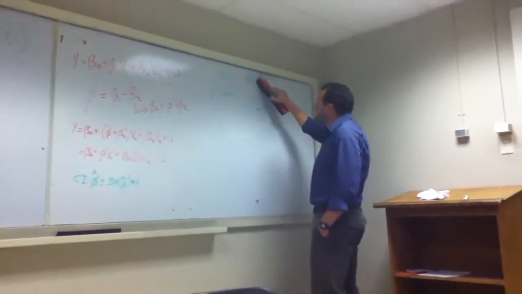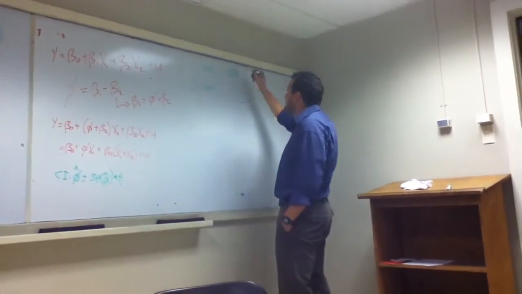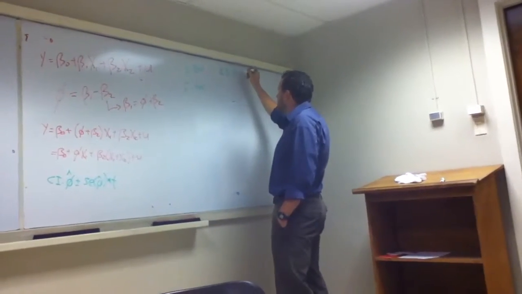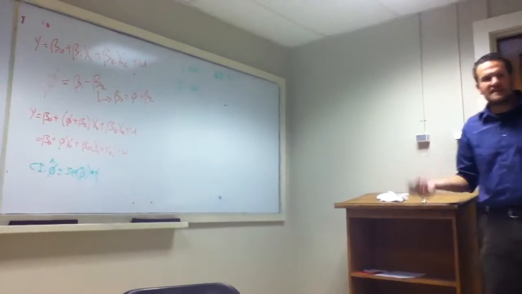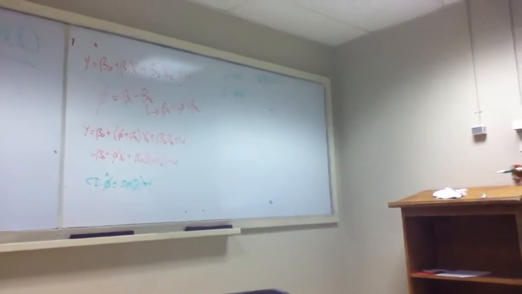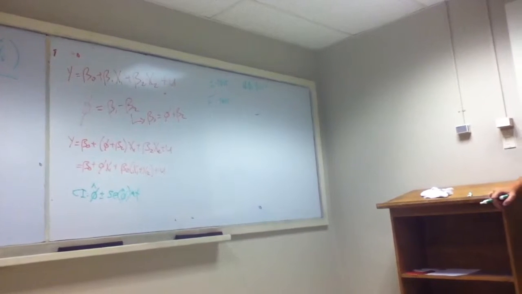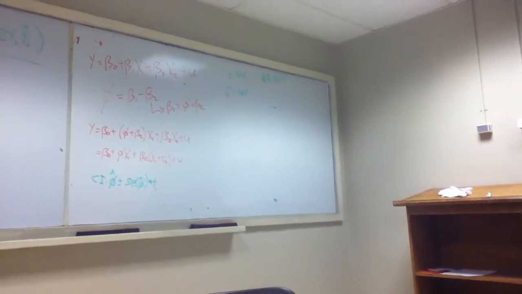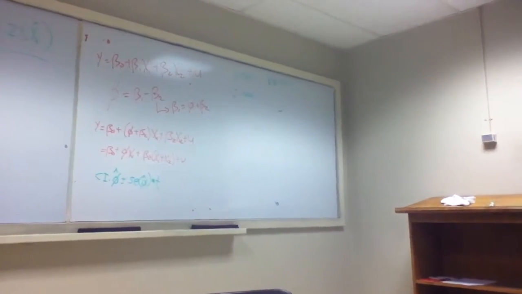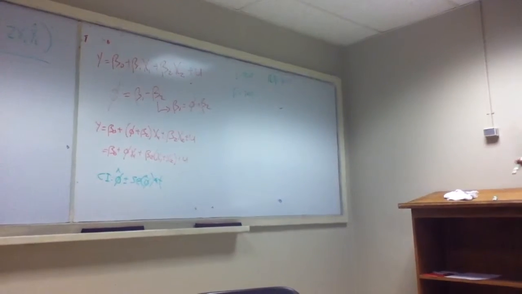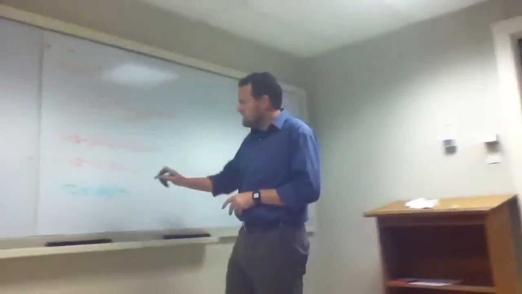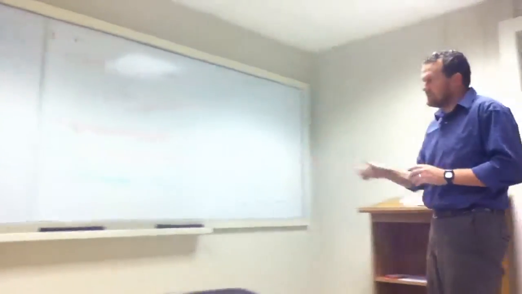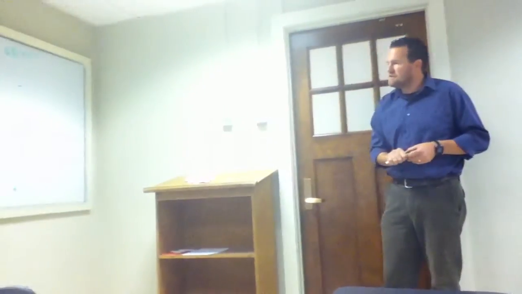Others might be something like this: if we had a hypothesis that beta 1 minus 2 equals 5. Again, you would do a t-test. Anytime you have a single hypothesis that you're looking to test, you're going to do a t-test. So anytime you see a single equals sign or a single relationship, you're going to do a t-test. Usually we reparameterize the model, isolate this new variable, and then we can test it with just a typical t-test.